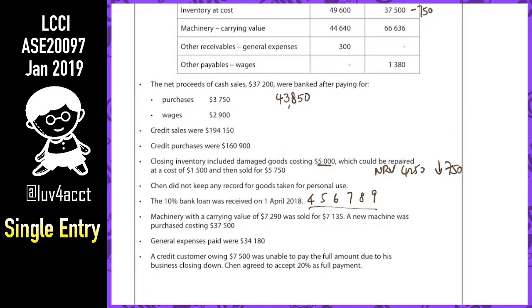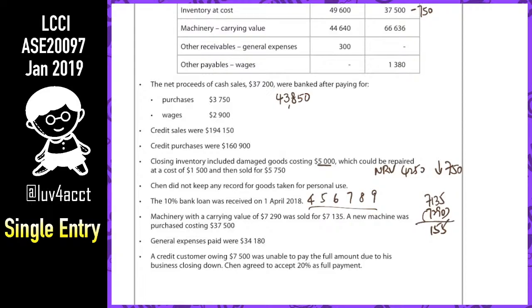Machinery with a carrying value was sold for 7,130. New machine purchased. So you have 7,135 and 7,290, giving you a disposal loss of 155. 155 disposal loss.